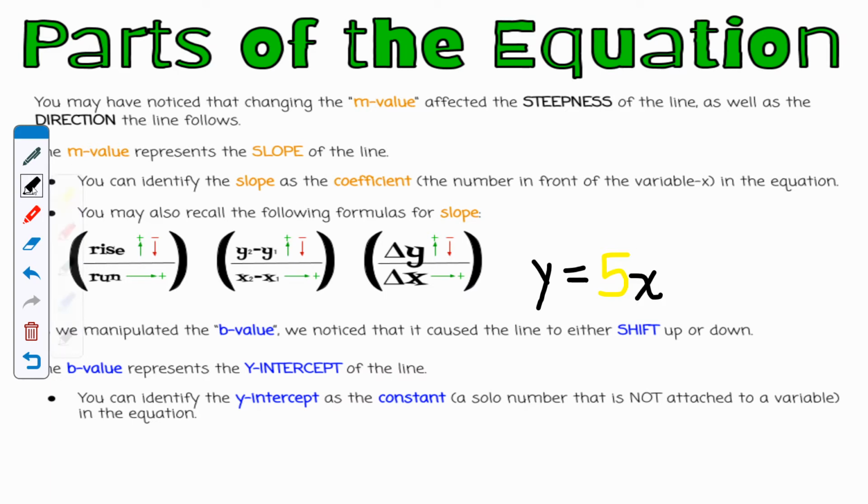And then in blue, I'm going to put my y-intercept of plus 2. That's a positive 2. Now, this is the constant. That's a solo number. It's not attached to any variable. And it's usually at the end of the equation, if it's in slope-intercept form.